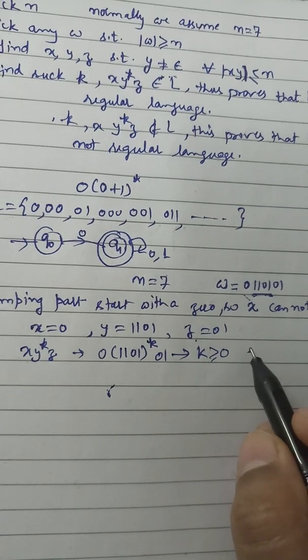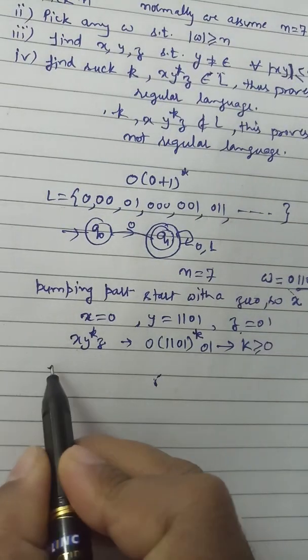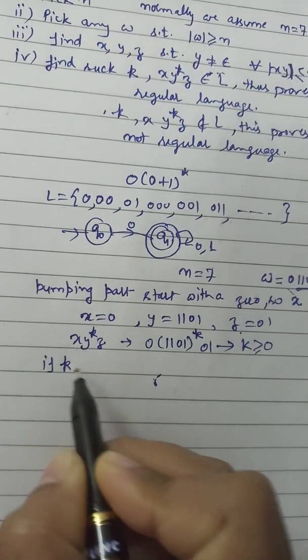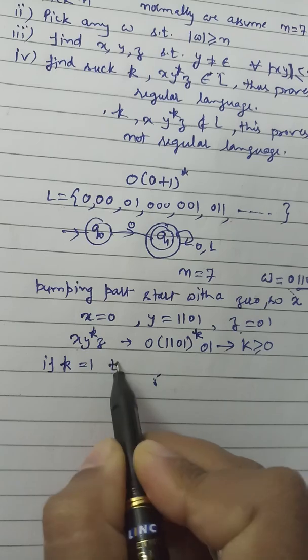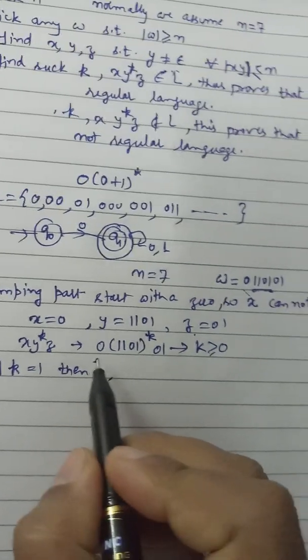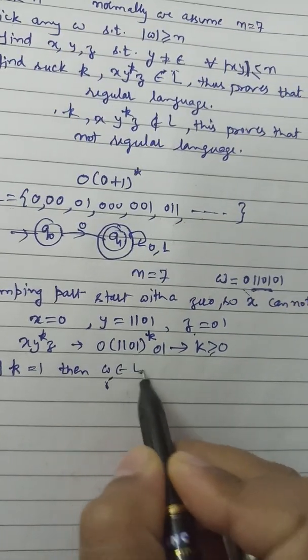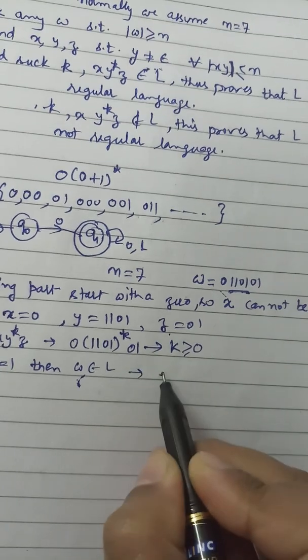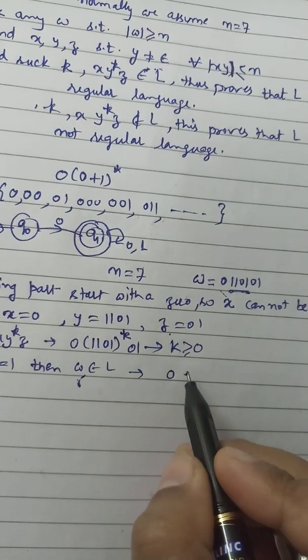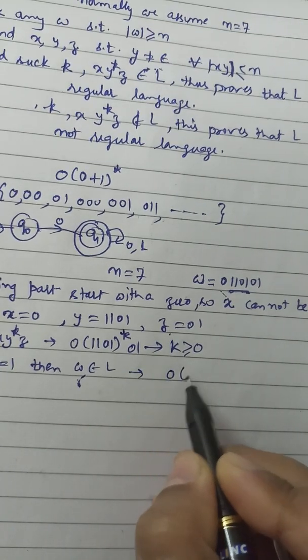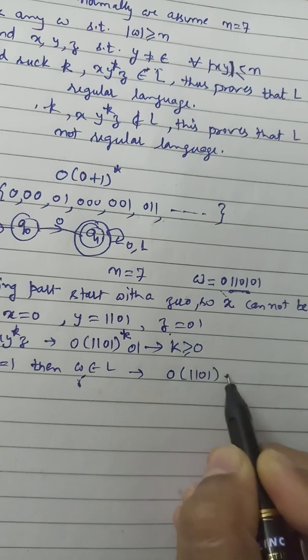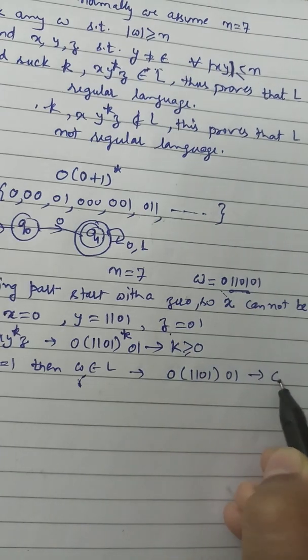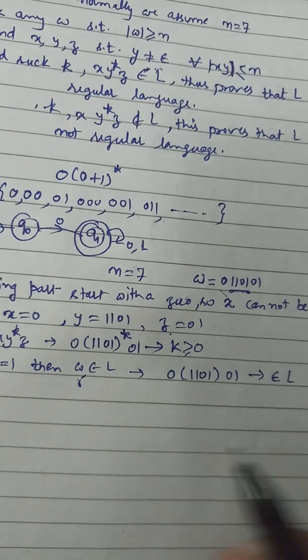So suppose we take k equal to 1, then does that string belong to L or not? The string will remain the same: 0110101. So this belongs to that language.